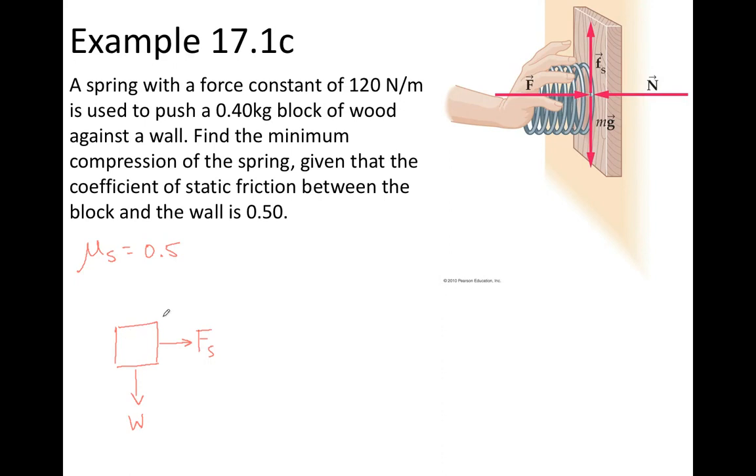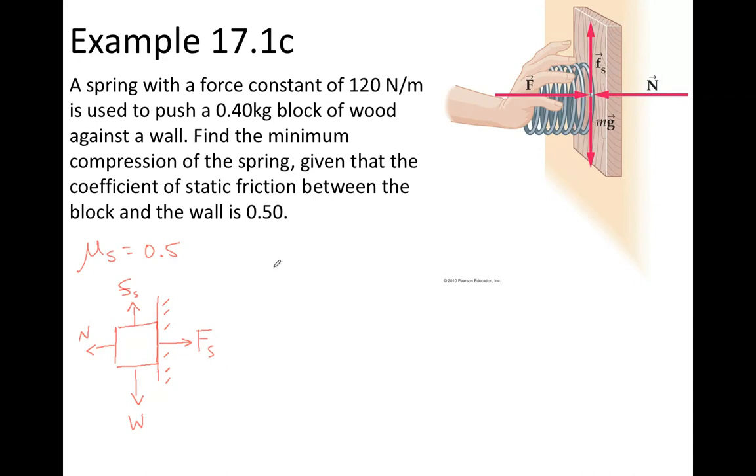The normal force is going to act to the left, because remember, the normal force always acts normal or perpendicular to the surface of contact. Here we have a vertical surface of contact. So we have a horizontal normal force, and to prevent the block from slipping down the wall, static friction will have to pull up on the block.